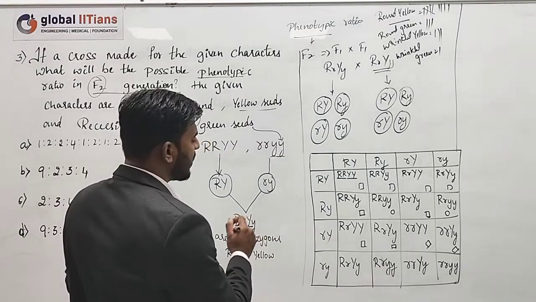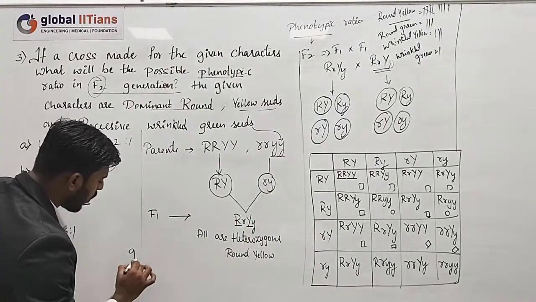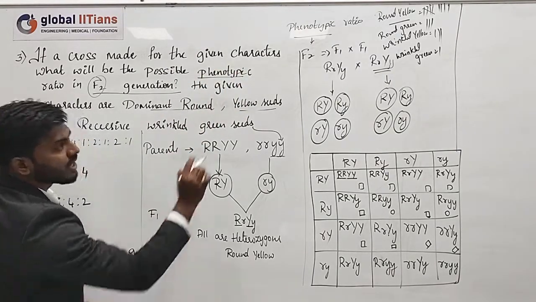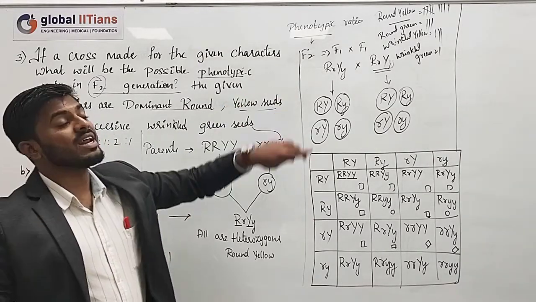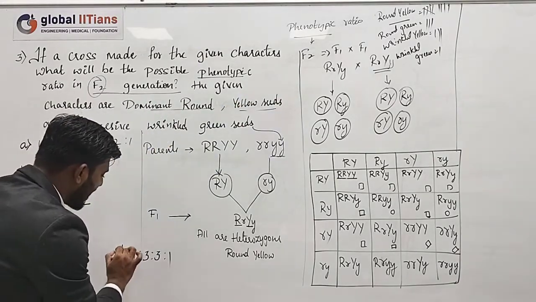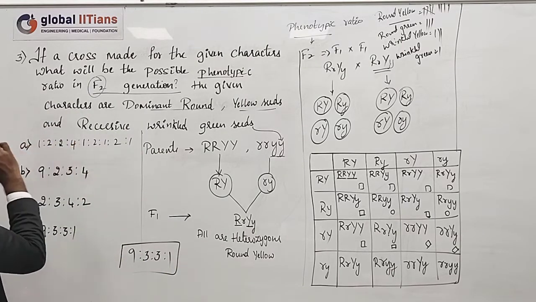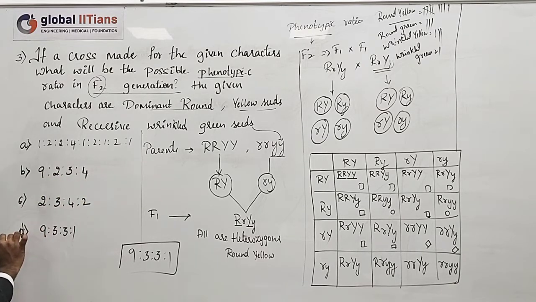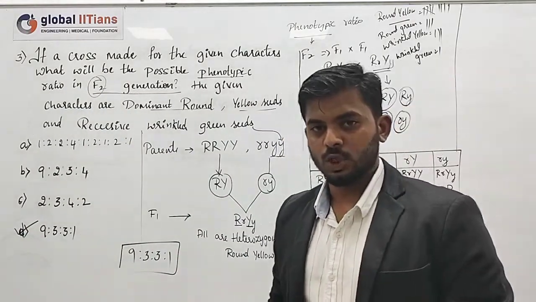Now the ratio, if we write down, it's going to be 9 round yellow, 3 round green, 3 wrinkled yellow, and at last 1 wrinkled green. So this is the ratio they are asking. So which option has this ratio? 1 is to 2 is to, no, this is not. 9 is to 2 is to 3 is to 4, no, and the last one, option D, is going to be the correct answer. That is 9 is to 3 is to 3 is to 1.